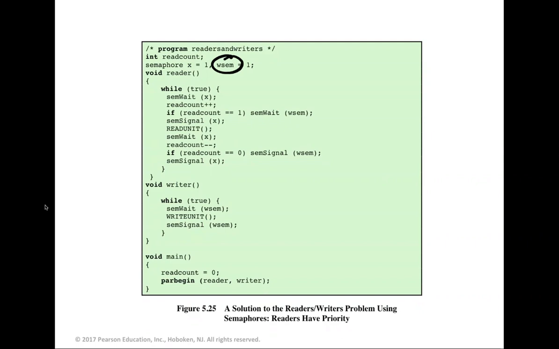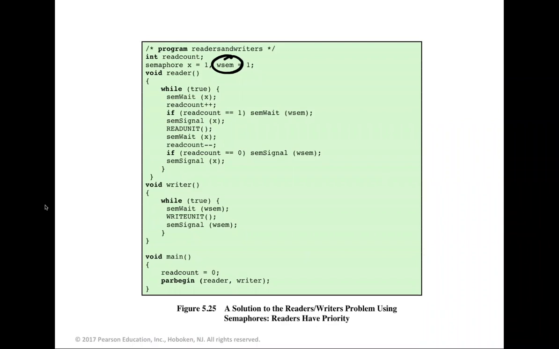However, to allow multiple readers, we require that when there are no readers reading the data from the file, the first reader that attempts to read should wait on the semaphore. When there is already at least one reader reading, subsequent readers need not wait before entering.